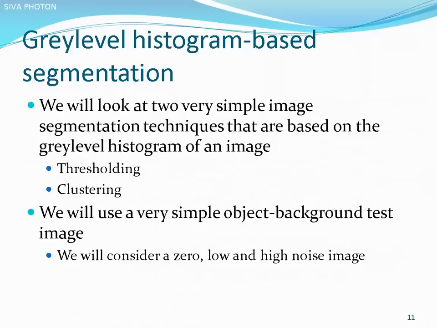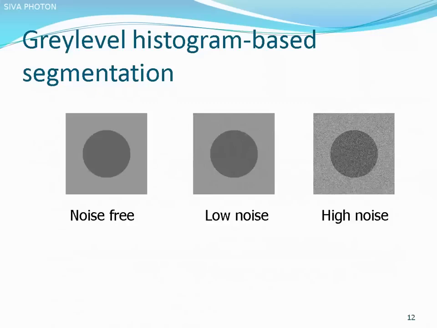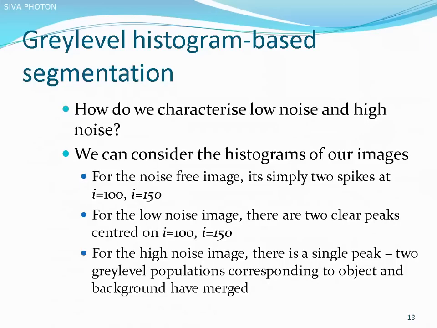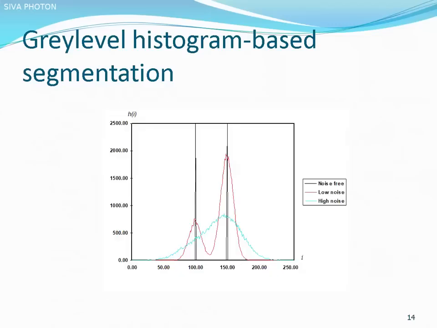Consider a zero, low, and high noise level image. For the same object, the first image does not have any noise, the second has low noise, and the third one has high noise. Okay. Now we are going to do the segmentation.